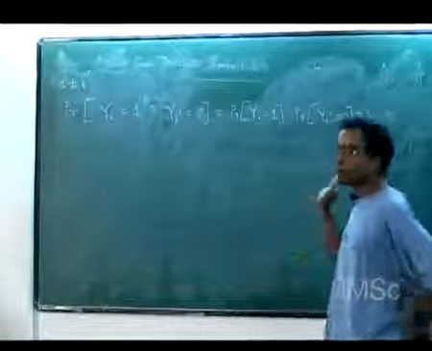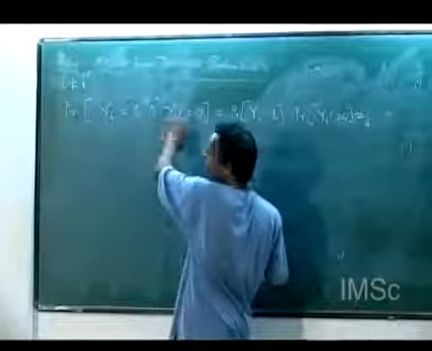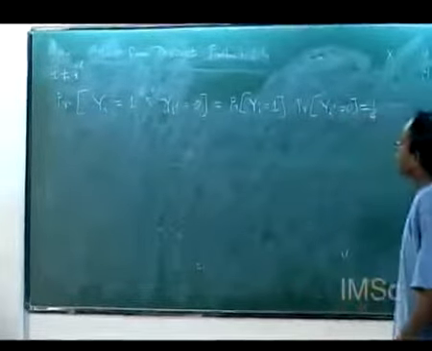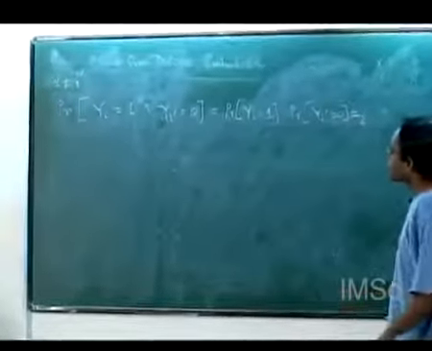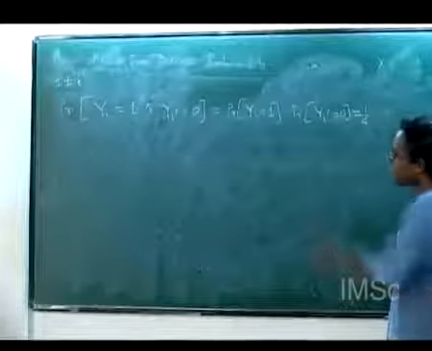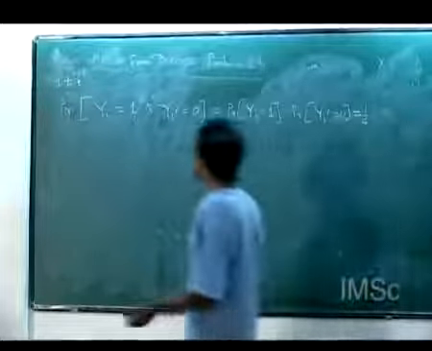You have to prove this. Without loss of generality, I have just taken 1 and 0. You can take any other combination, and it will work out the same. Just apply the same idea.